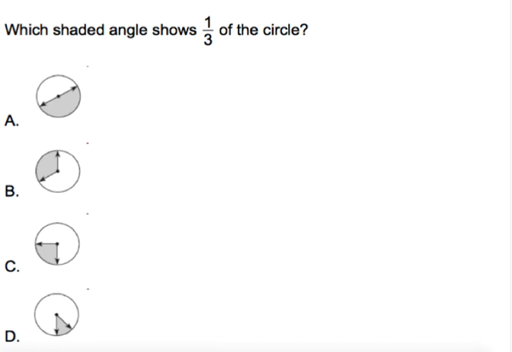All right, so here's a question. Which shaded angle shows 1/3? I've sort of done this one. Obviously we use the process of elimination. This shows me 1/2. This shows me 1/4. Remember doing this? And this one looks smaller than 1/3. So right now, I think it's B or D. So I want to continue with these arrows. I'm going to continue up with this, and this one too.